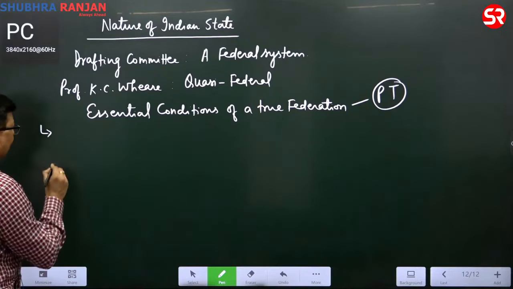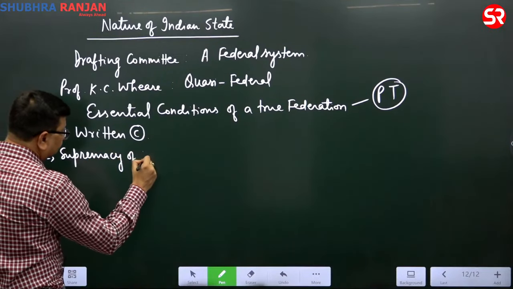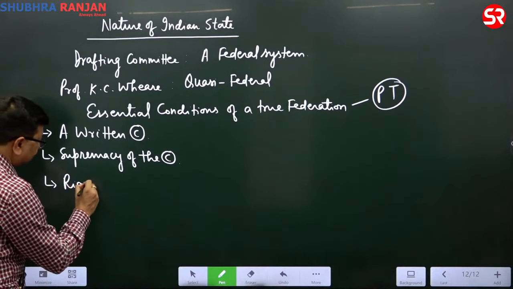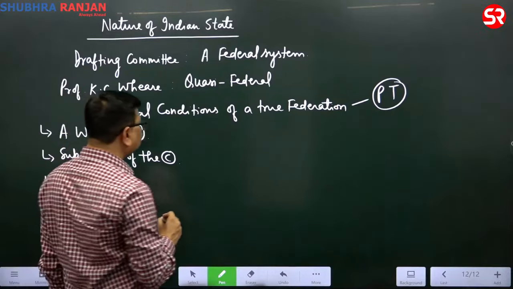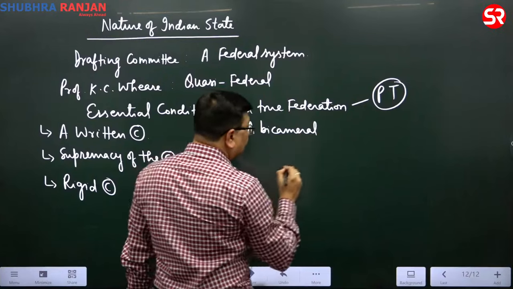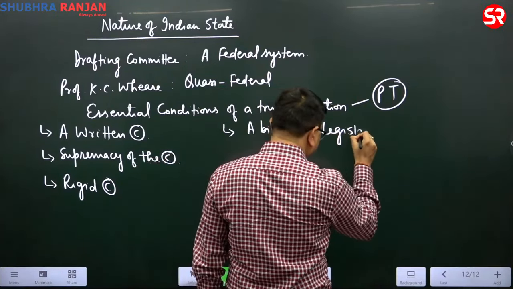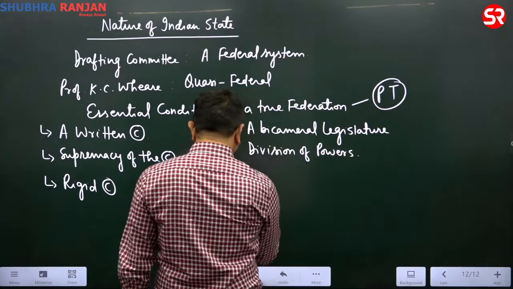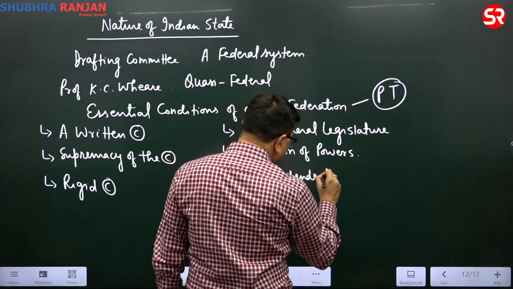A written constitution, then supremacy of the constitution, rigid constitution, a bicameral legislature, division of powers, and an independent judiciary.